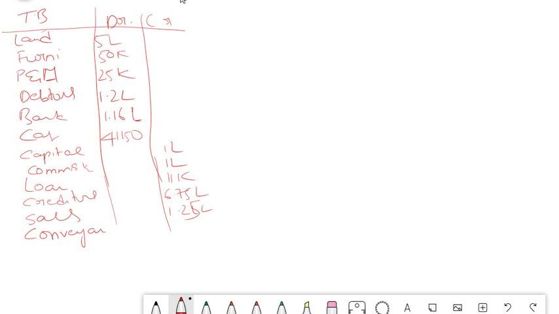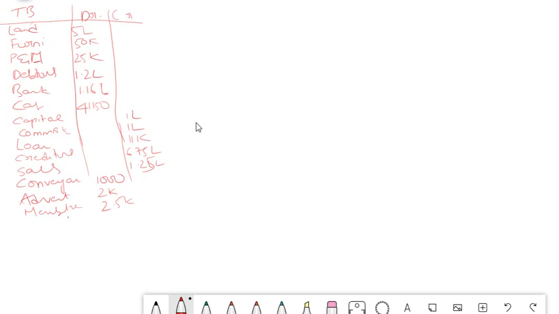Conveyance 1,000, advertising 1,000, membership fee 1,000, other expense.